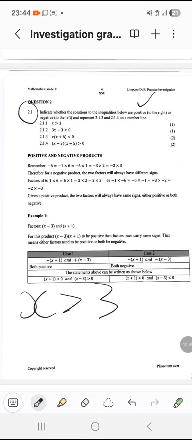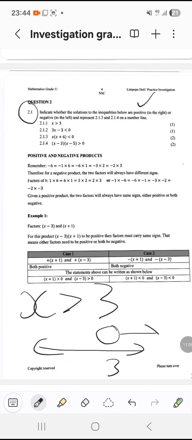So this is how we figure it out. Number line, we write a 3, a circle, the arrows pointing to 3, which is to the right, like that. So it means the numbers that we are looking for are more than 3. So it's 4, 5, 6, 7. All these numbers are positive. So 2.1.1, we have positive.